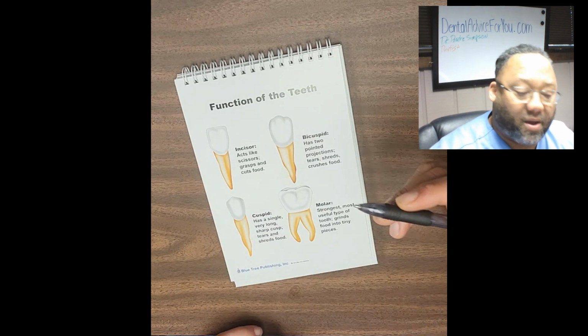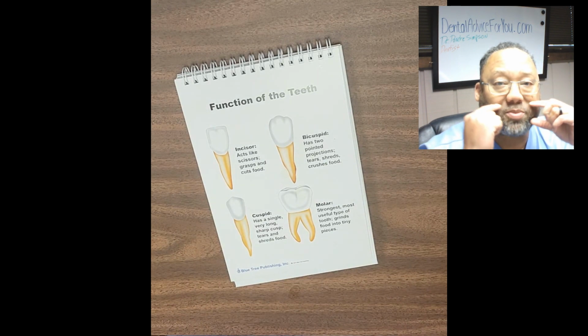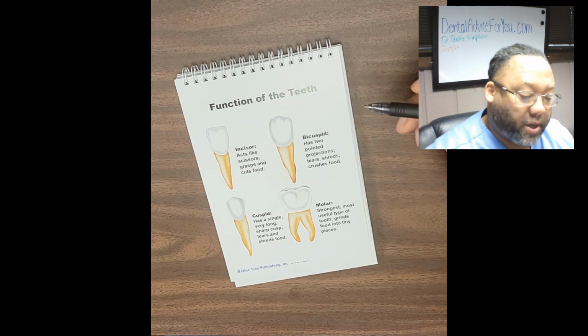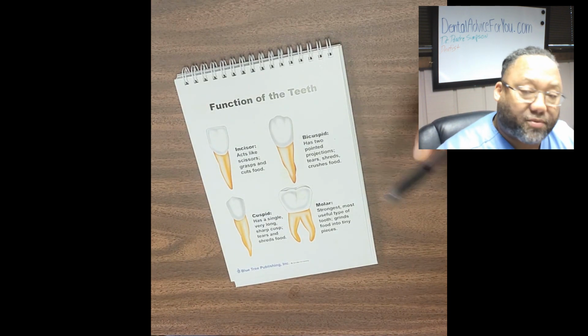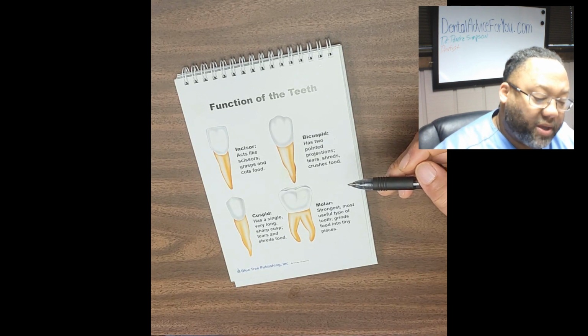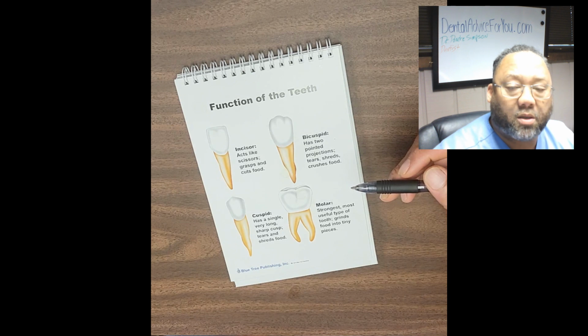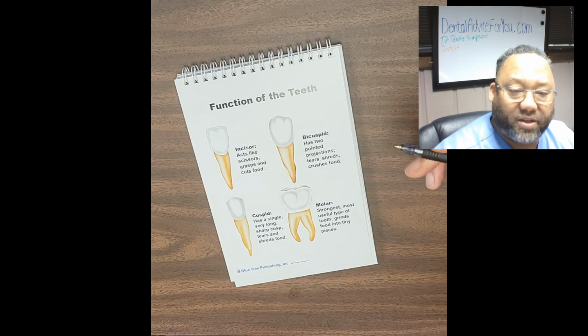You have a first premolar or bicuspid, and then a second premolar behind the first, and those usually have 2 points on them, and they assist when it comes to shredding and tearing into food.